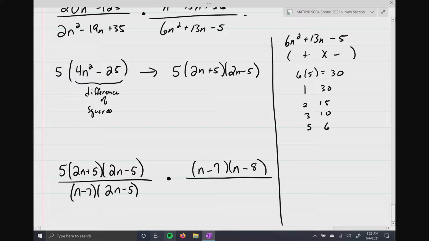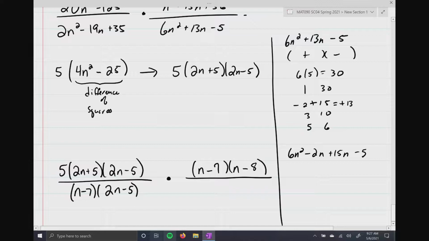One is positive, one is negative, and they have to combine to give me positive 13. So negative 2 plus 15 equals positive 13. So that's my pair. I'm going to rewrite it as 6n squared minus 2n plus 15n minus 5.